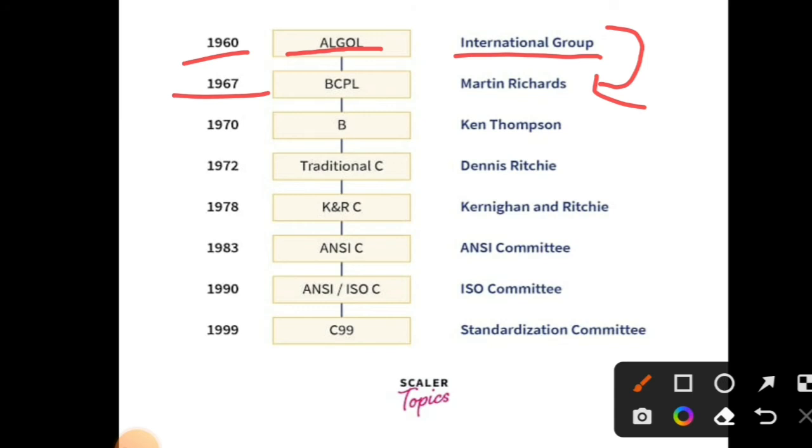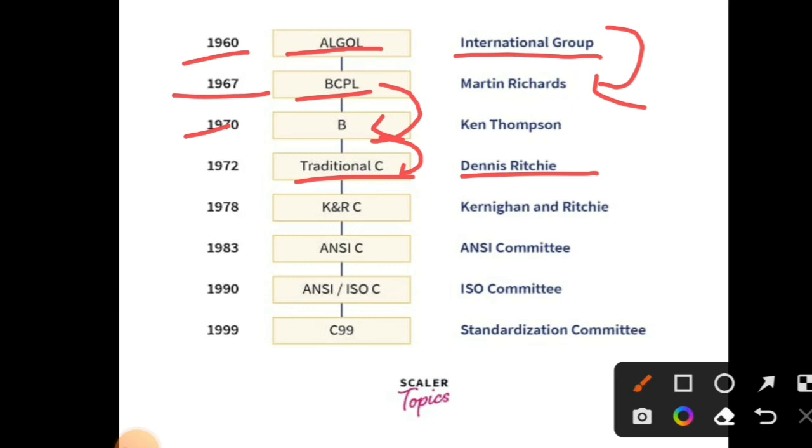After that, using the features of BCPL, Ken Thompson developed B language in 1970. After that, in 1972, Dennis Ritchie developed C language, which we call traditional C.